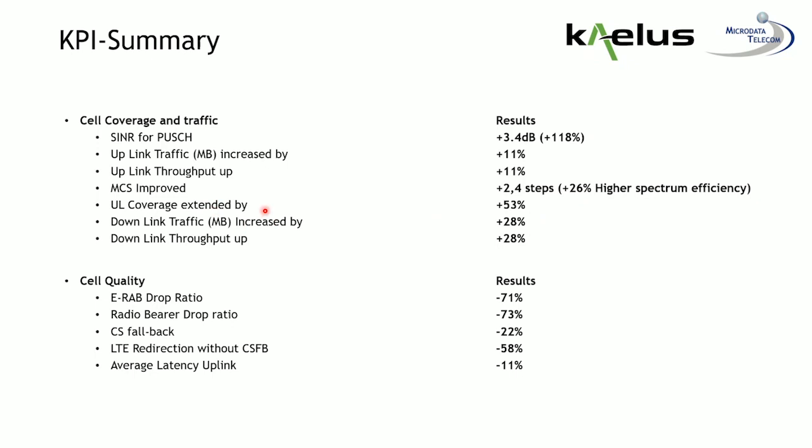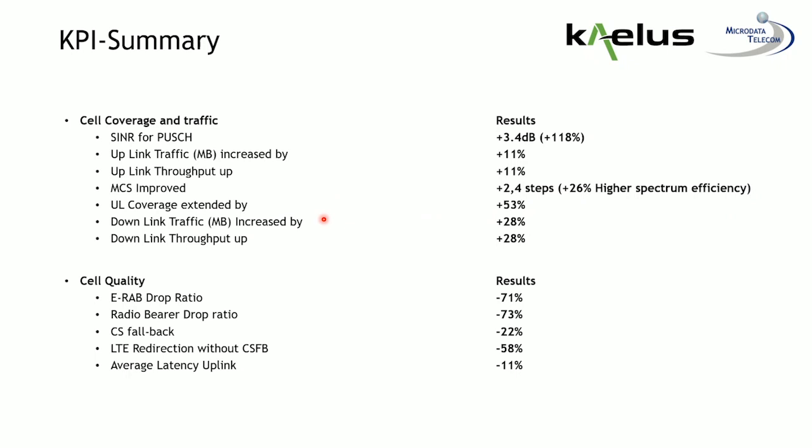The uplink coverage area, or the revenue generating area, was extended by 53%. That is a lot. 53% larger area with good KPIs, and still with the same downlink coverage area.